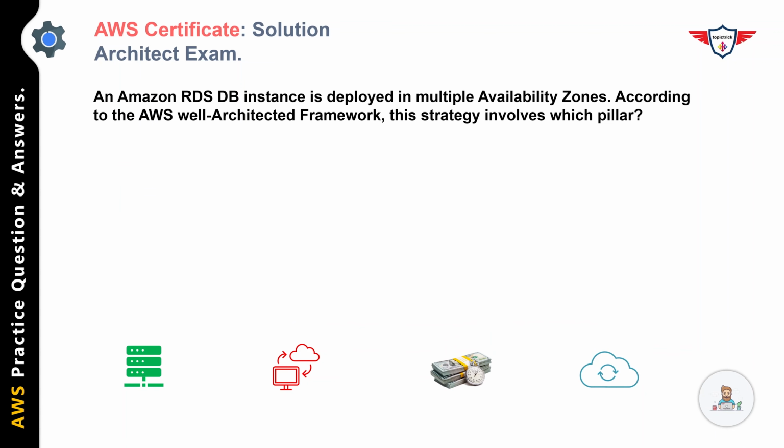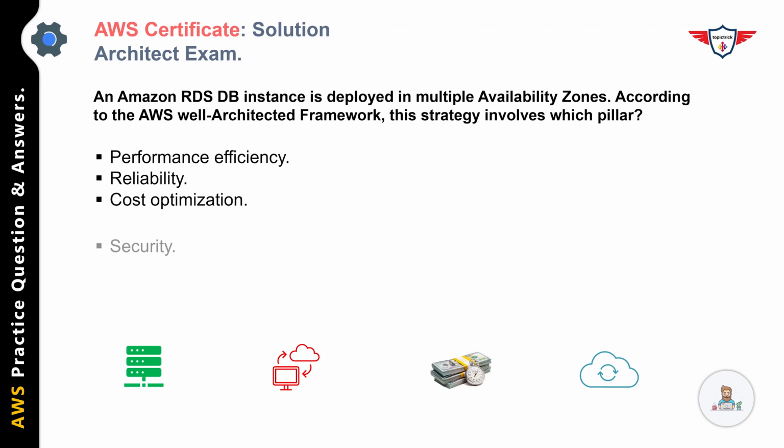An Amazon RDS database instance is deployed in multiple Availability Zones. According to the AWS Well-Architected Framework, this strategy involves which pillar? And your options are performance efficiency, reliability, cost optimization, and security. The correct answer is reliability.